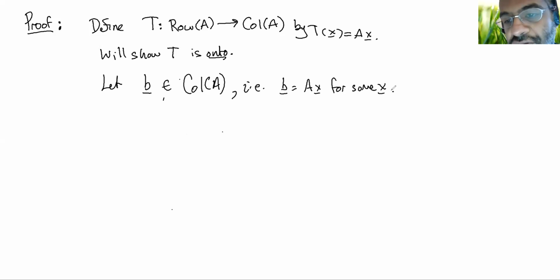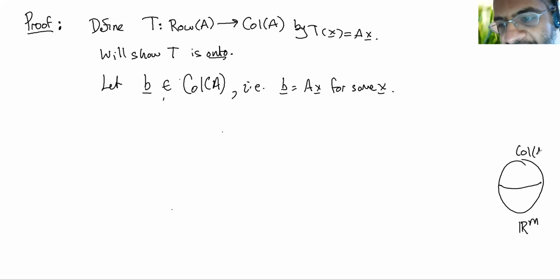That's just the definition of the column space. So the picture we have here right now is Rm. Inside Rm, you have the column space of A. There's some vector B in here.